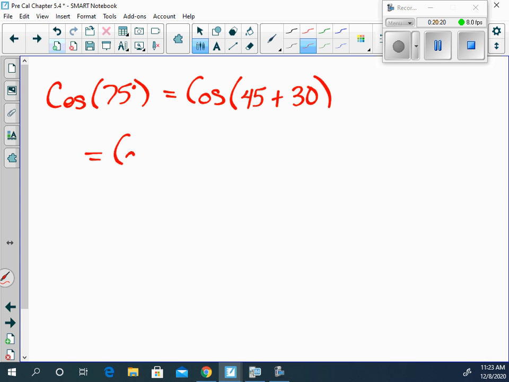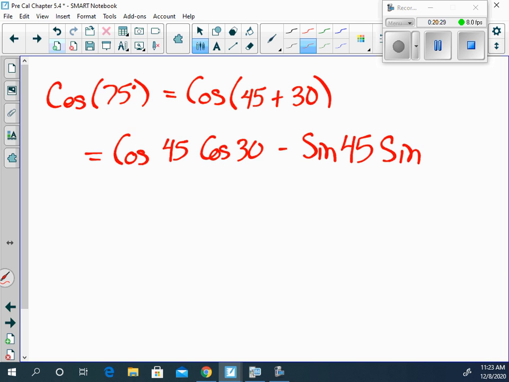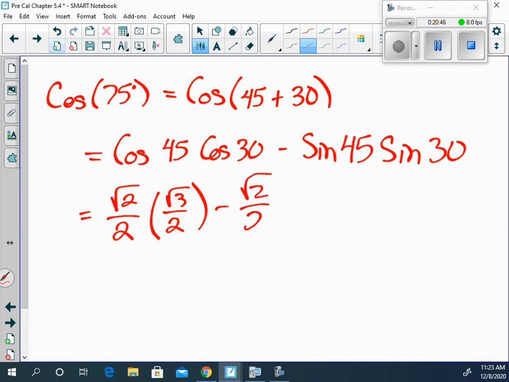So it'd be cosine of 45, cosine of 30, minus sine of 45, sine of 30. Square root 2 over 2, times square root 3 over 2, minus square root 2 over 2 times 1/2.